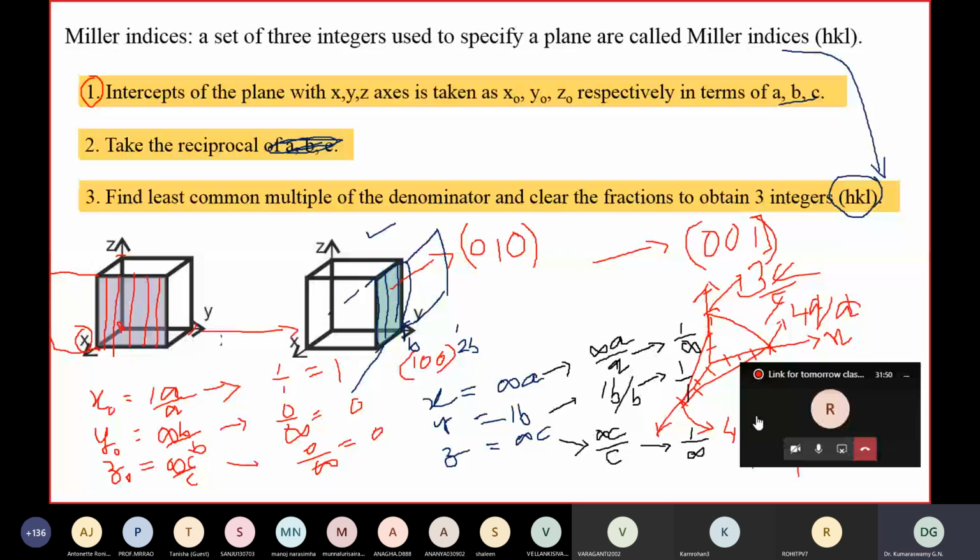Here we have to further reduce this. This is equal to 0, this is equal to 1, this is again equal to 0. So we end up with 0, 1, 0. This is our HKL value for this plane.